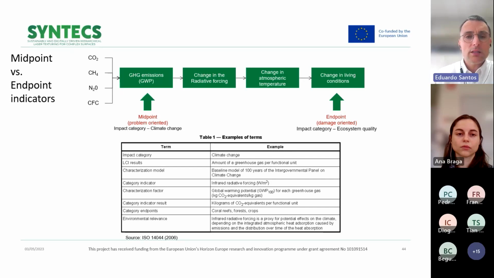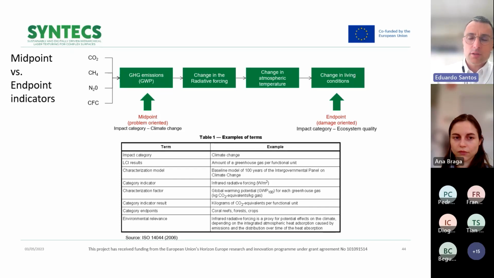So the science has developed to try and establish endpoint indicators, which will try to correlate the emissions of greenhouse gases with the changes in the radiative forcing of the Earth, and the science then tries to correlate that with changes in atmospheric temperature, and then tries to correlate as well with changes in living conditions. So maybe the loss of habitats because of the increase in temperature, or because of the increase in seawater level.